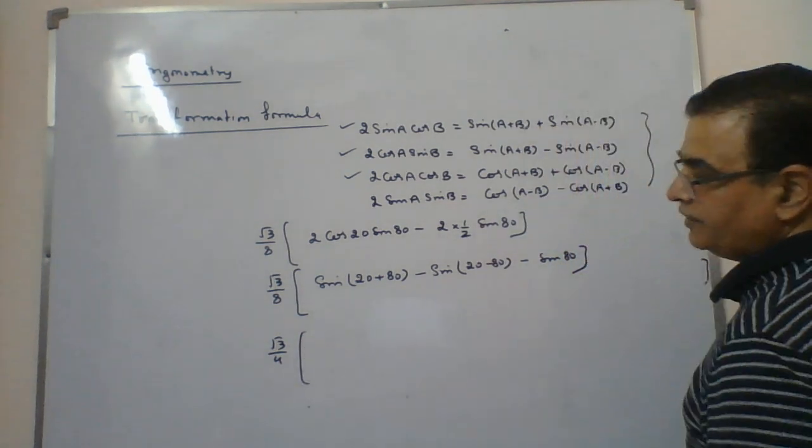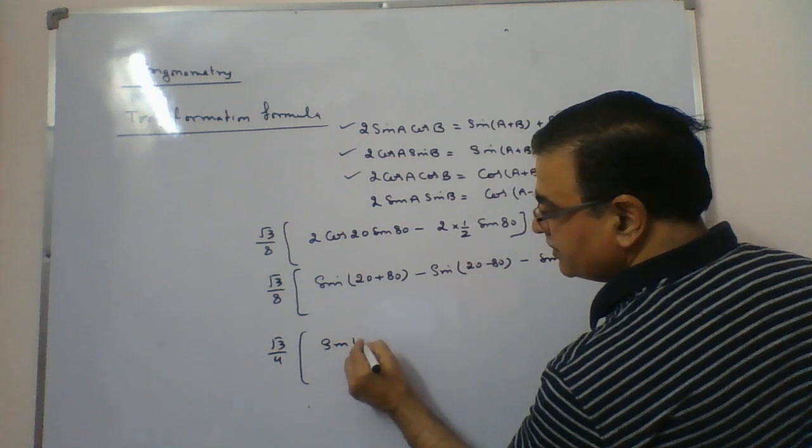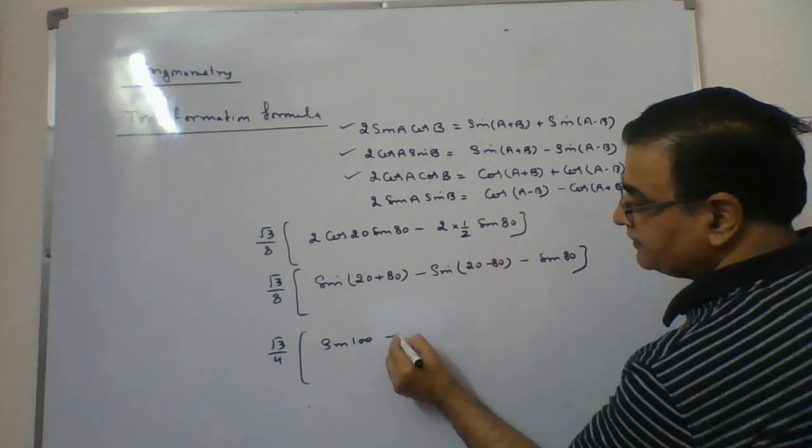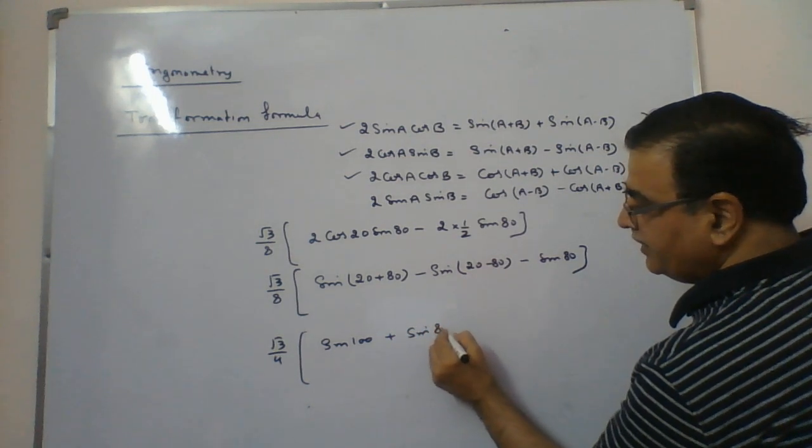Then it comes out to be sine 100 minus sine of minus 60. Sine of minus theta is minus sine theta, so it will be coming plus sine 80.